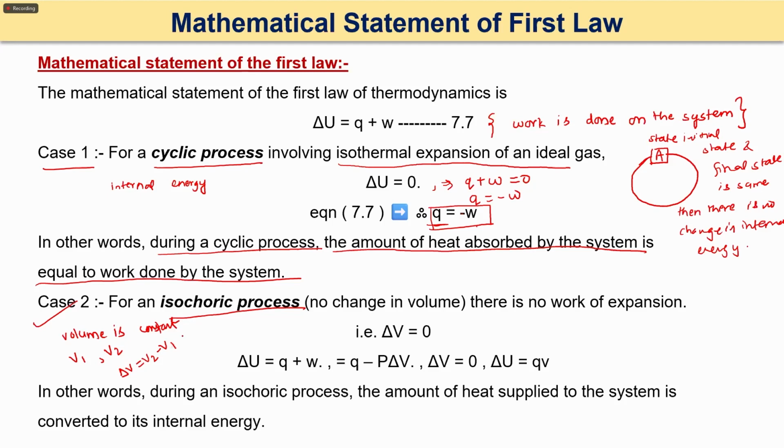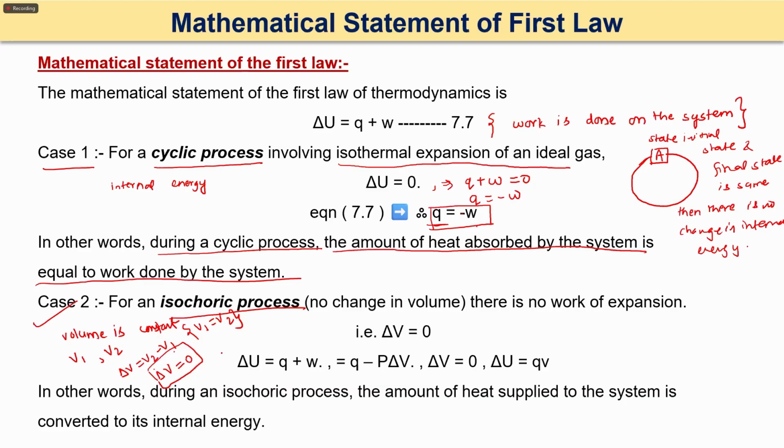If volume remains constant, that means V1 is equal to V2, and then delta V, the change in volume, is equal to 0. That means your volume is not getting changed.